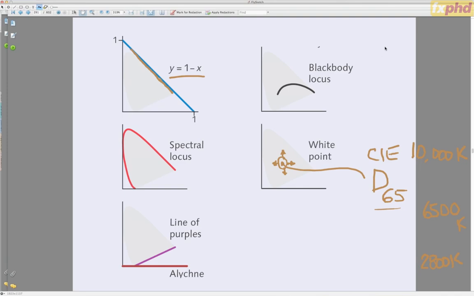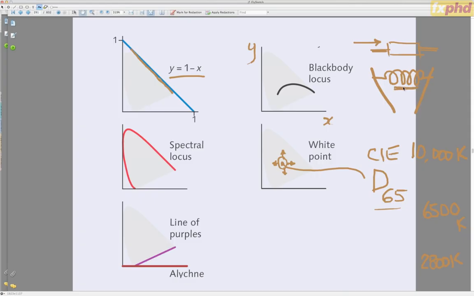And if you take a piece of metal and heat it up by passing an electric current through it, and of course this might be in the shape of the filament of a light bulb, if you heat up a piece of metal, you can relate the color that it emits to the XY coordinates of the chromaticity diagram.